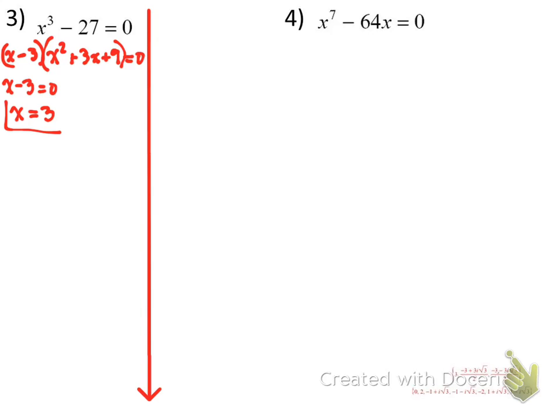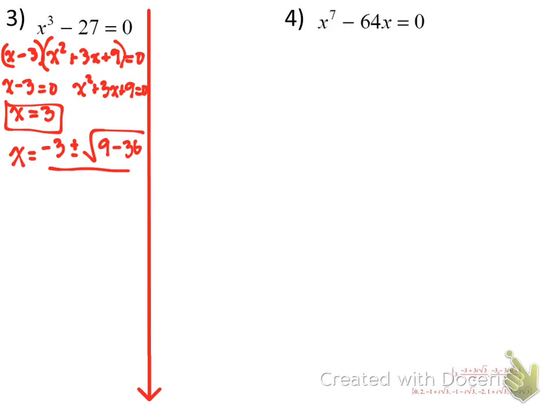On the next one we have x squared plus 3x plus 9 is equal to 0. We use the quadratic formula. X is equal to negative b. So it's going to be negative 3 plus or minus the square root of b squared, which is going to be 9, minus 4 times a times c. 4 times 1 is 4 times c is 36.